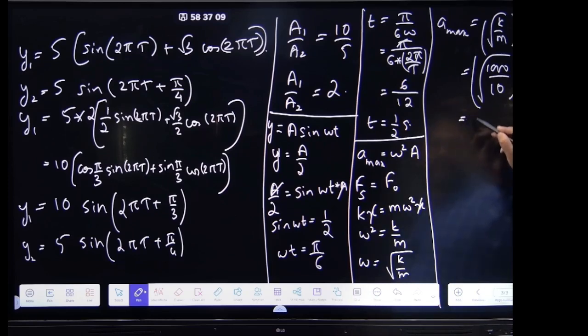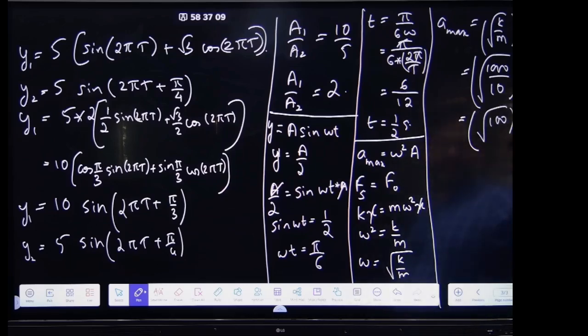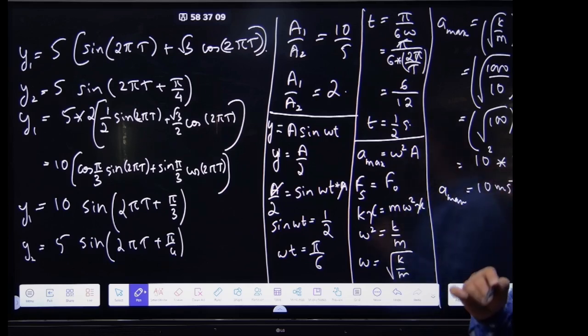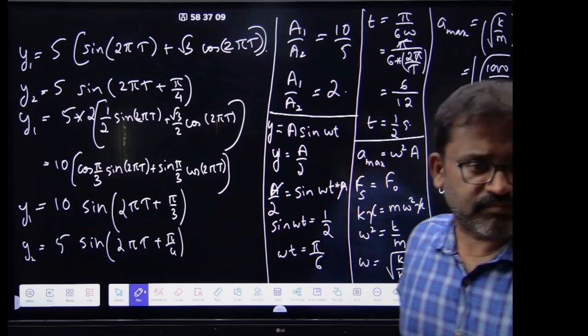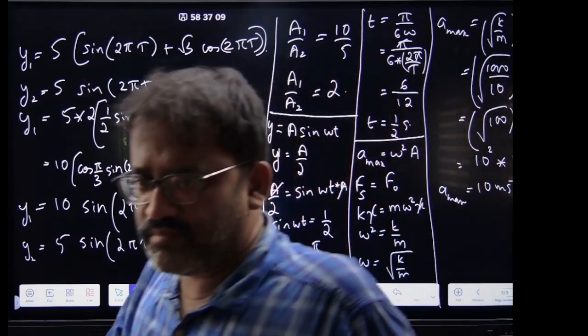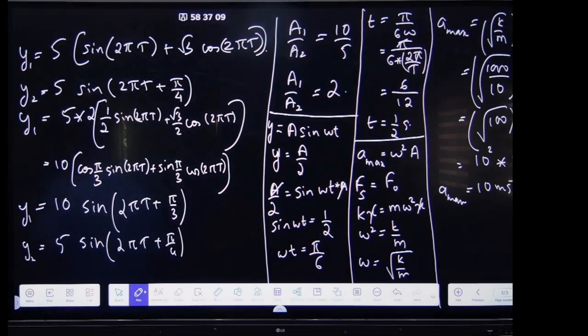So that is equal to root of 100, the whole square, into 10 to the power of minus 1. So that is 10 to the power of 2 into 10 to the power of minus 1. That means A max is equal to 10 meter per second square. So the right option is option 2, verified.